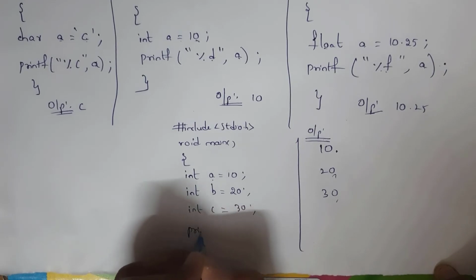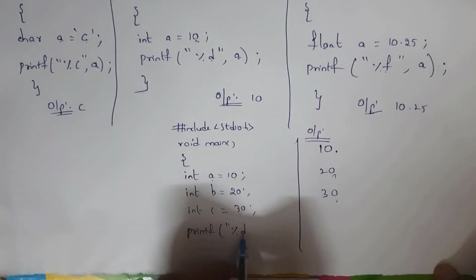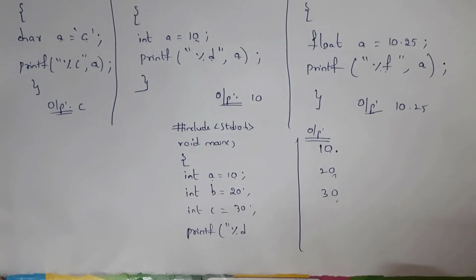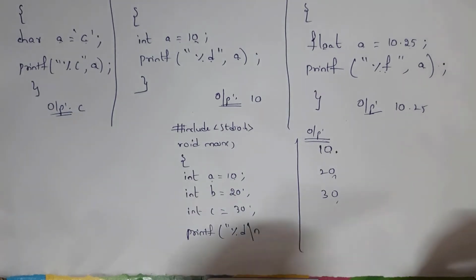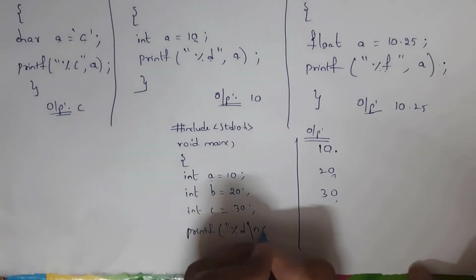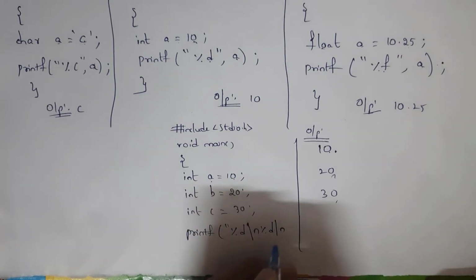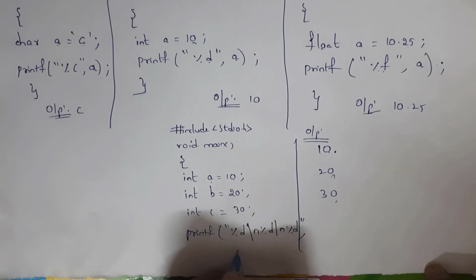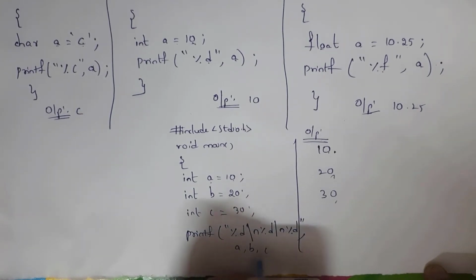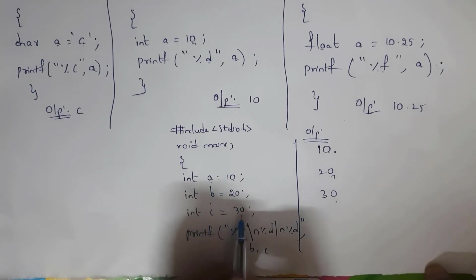So I am taking a printf %d because this 10 is an integer value. 10 will be printed on the first line and 20 will be printed on the second line. So I need to use here \n and next %d and next %d \n. Total there are 3 integer values. So I need to take 3 format specifiers, that is %d, close double quotations, comma, a, comma, b, comma, c, because 10 is present in variable a, 20 in variable b and 30 in variable c.